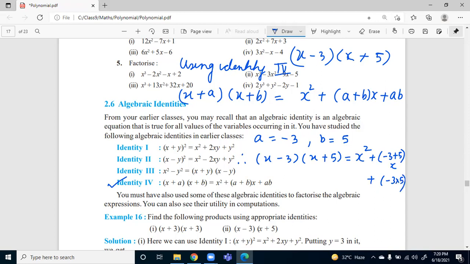So when you solve this whole, what will you get? x square, minus 3 plus 5 is 2, so plus 2x, and minus 3 into 5 is minus 15. So this is the final answer. So see, I have used the identity number 4. I have found the value of a and b and substituted the values of a and b to get the final answer.